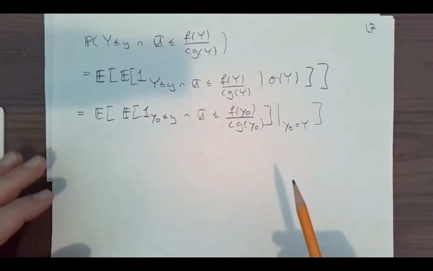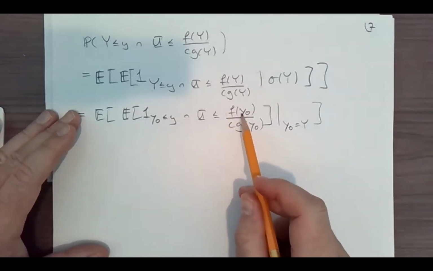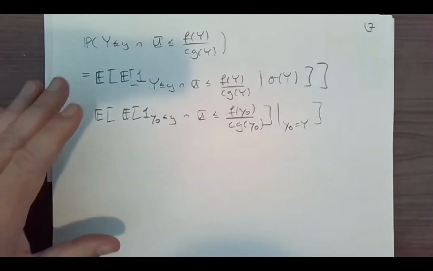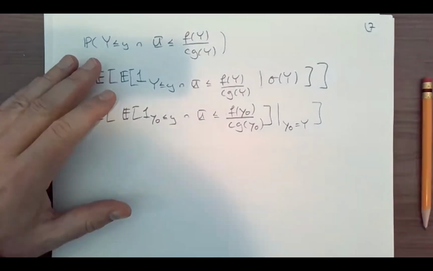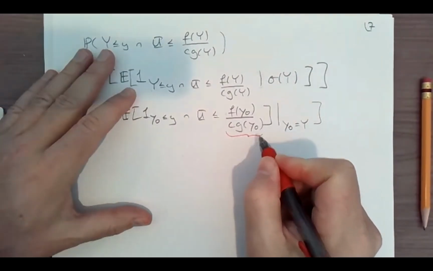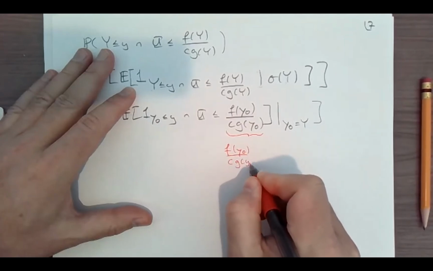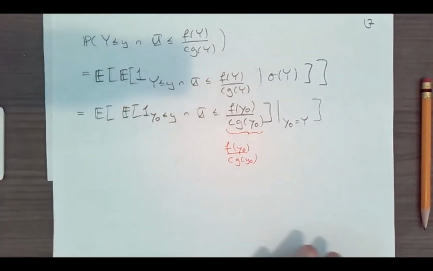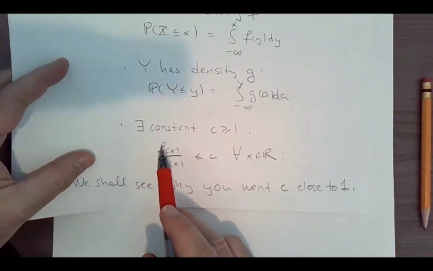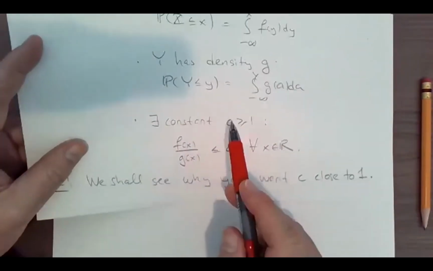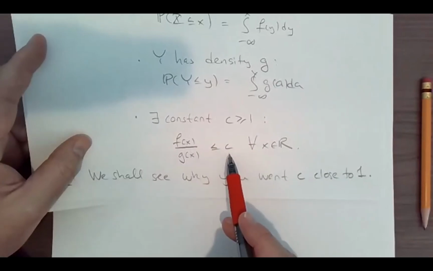So we should just note here that this quantity, f of y divided by c g of y, how big is this? Well, I know that the assumption was that I can find this constant c such that this is true.